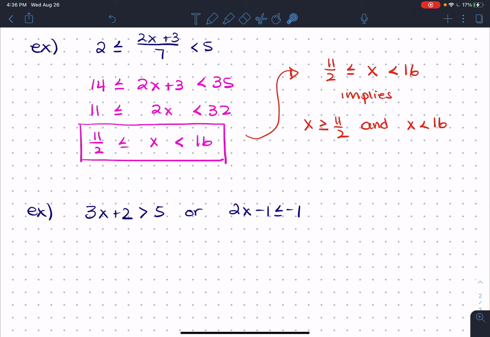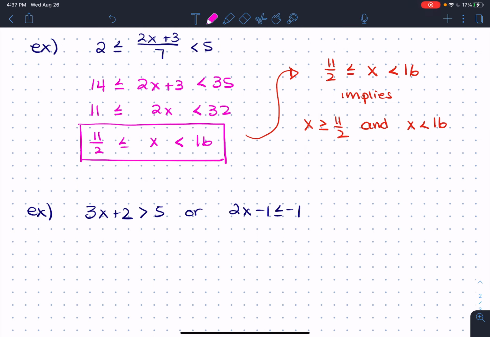So a couple things I want to point out here before we solve it. Number one is I have a word or. If you have the word or, there's no way to condense this down like we could have with and. If you have and, you condense it down like this. But if you have or, you just leave it. It's two separate inequalities. And we solve them like two separate inequalities.